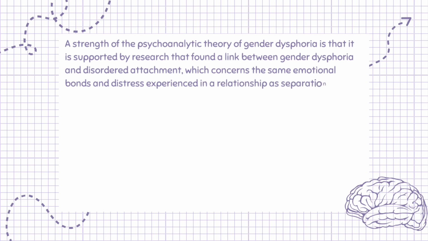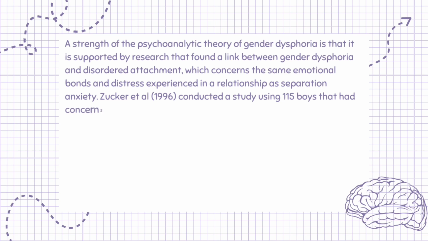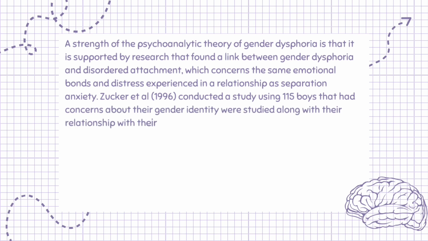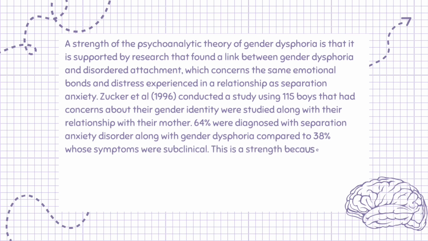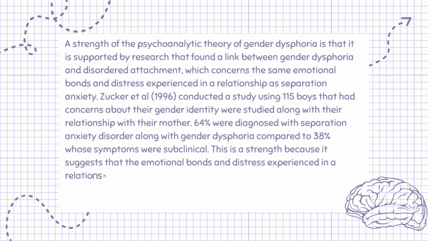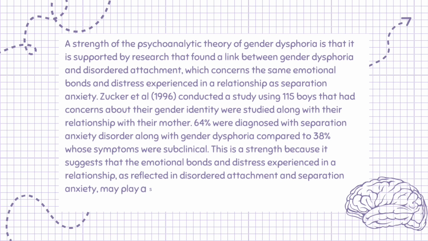Zucker et al., 1996, conducted a study in which 115 boys who had concerns about their gender identity were studied along with their relationship with their mother. 64% were diagnosed with separation anxiety disorder along with gender dysphoria, compared to 38% whose symptoms were subclinical. This is a strength because it suggests that the emotional bonds and distress experienced in a relationship, as reflected in disordered attachment and separation anxiety, may play a significant role in the development of gender dysphoria.